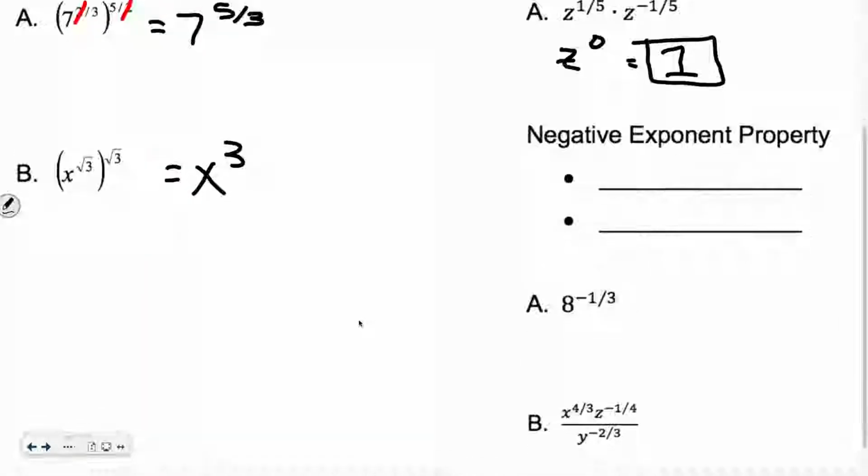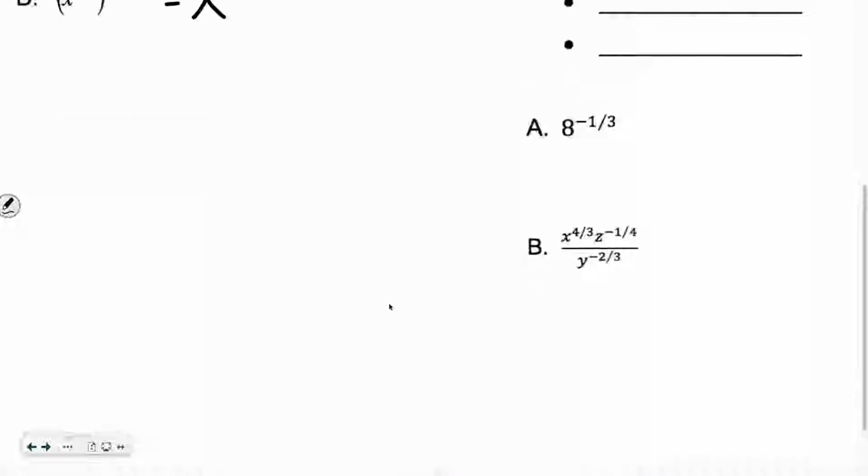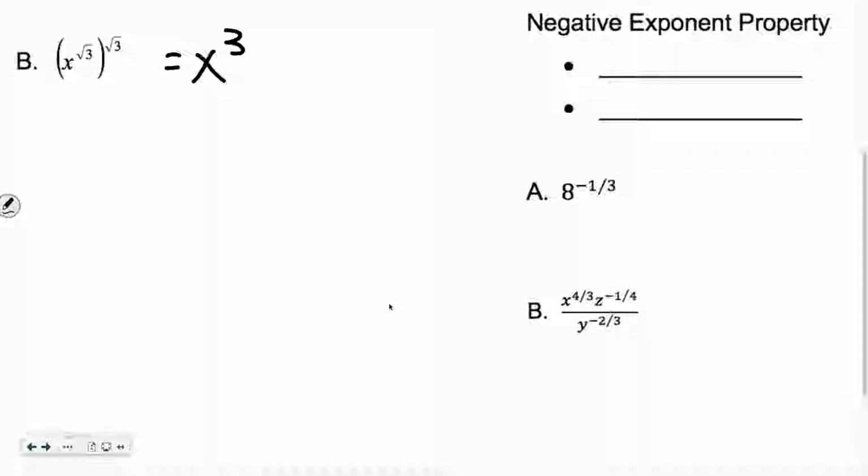What's true about the negative exponent property? Flips what it touches. And what else could we add to that? Doesn't make it negative. Flips what it touches.